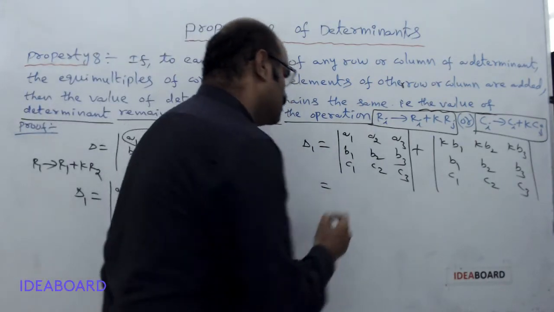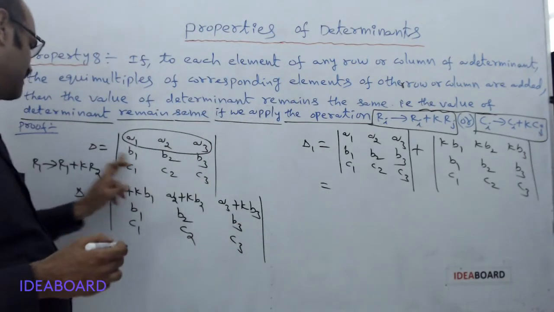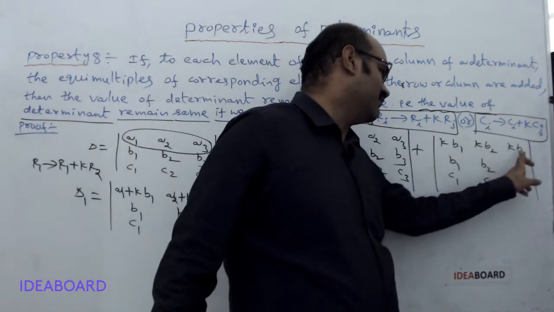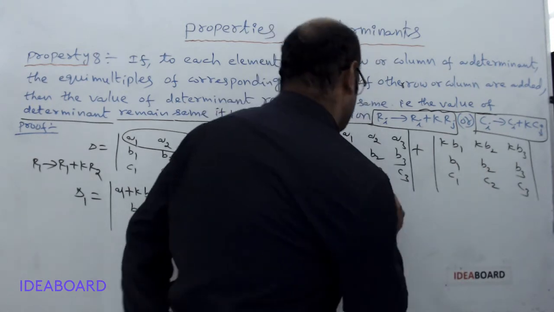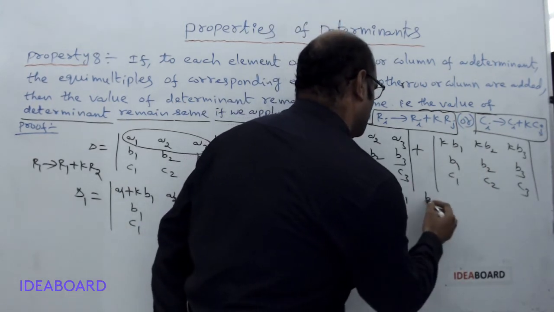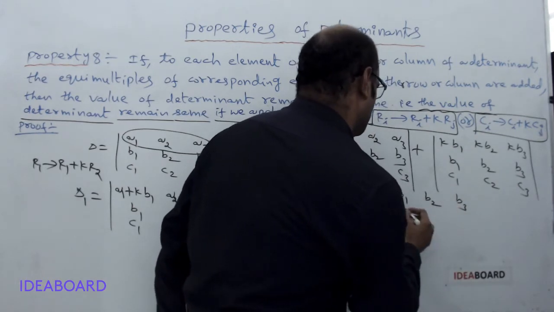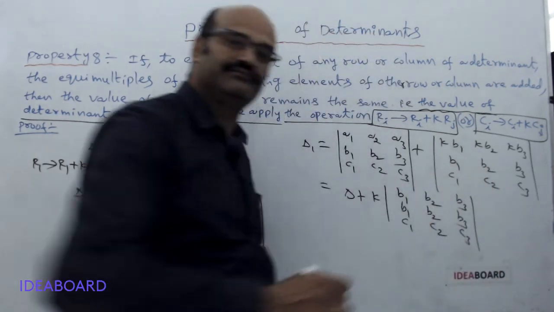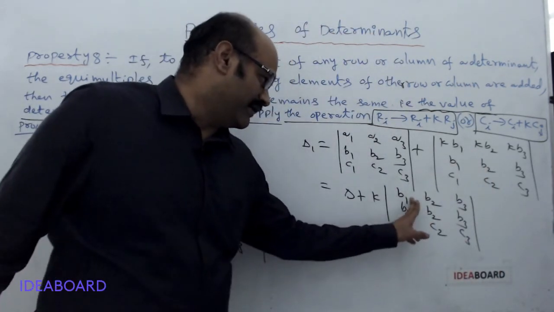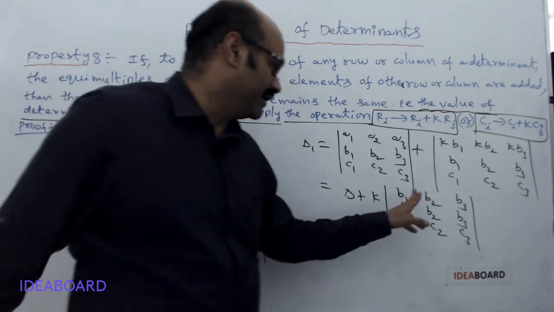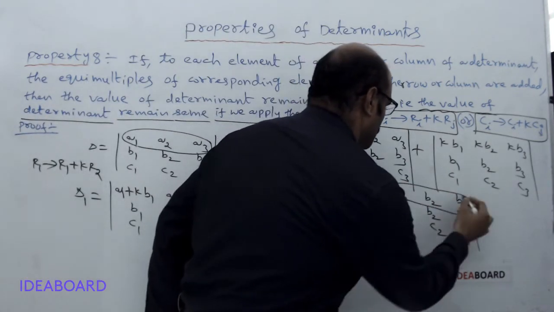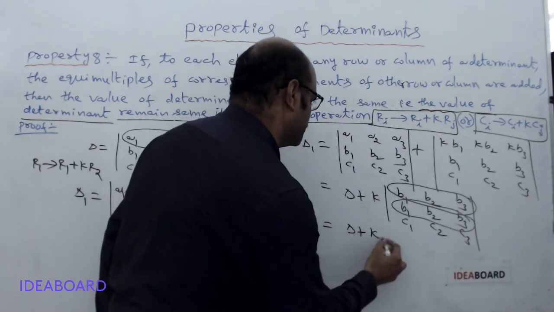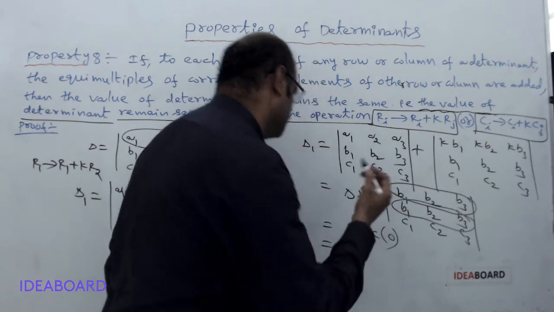Now it's equal to, this is nothing but delta here. So delta plus, each and every element of R1 is multiplied by K here. So K times the determinant of B1, B2, B3, B1, B2, B3, C1, C2, C3. The value of this one equals 0, because here R1 and R2 are identical. So it's equal to delta plus K into 0 equal to delta.